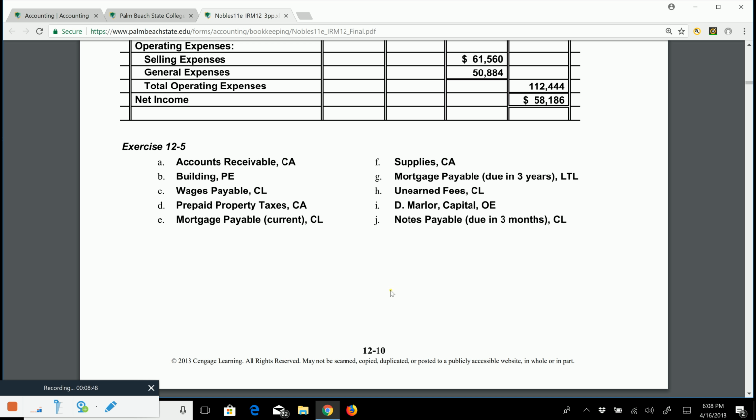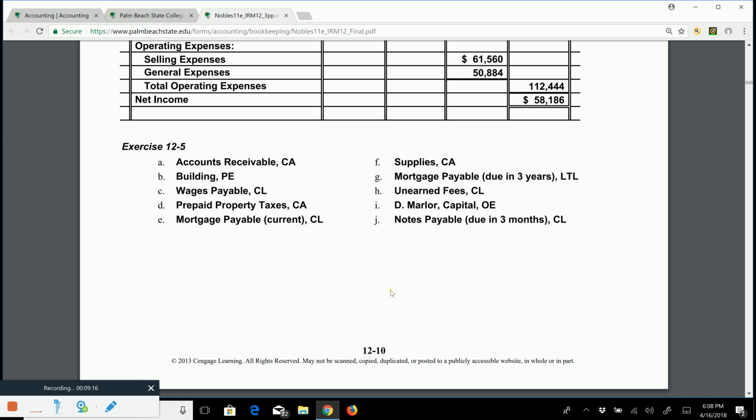That is a liability, typically a current liability. The capital account, this is part of the owner's equity. And then last but not least, notes payable. Notes payable, just like a mortgage payable, could be current, could be long-term, but since this is notes payable due in 3 months, it is due well before the 1 year mark. Therefore, it is a current liability.